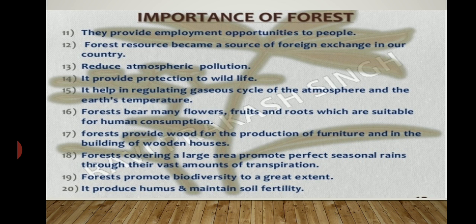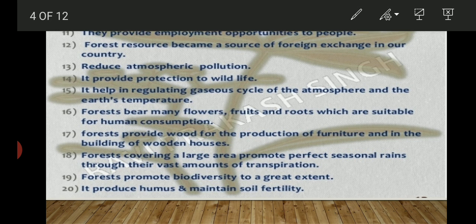And trees bind soil particles together and decrease the dust contamination in the air. These dust particles are called suspended particulate matter, which is also known as SPM. And trees present in the forest act as sound absorbers and reduce noise pollution.